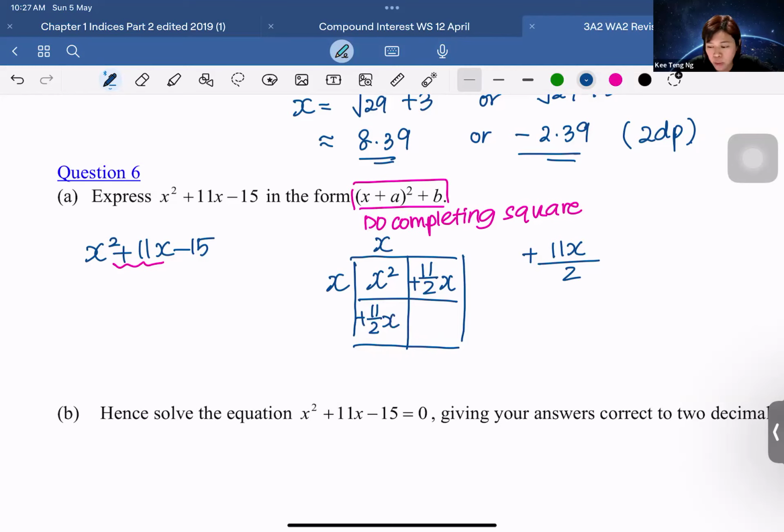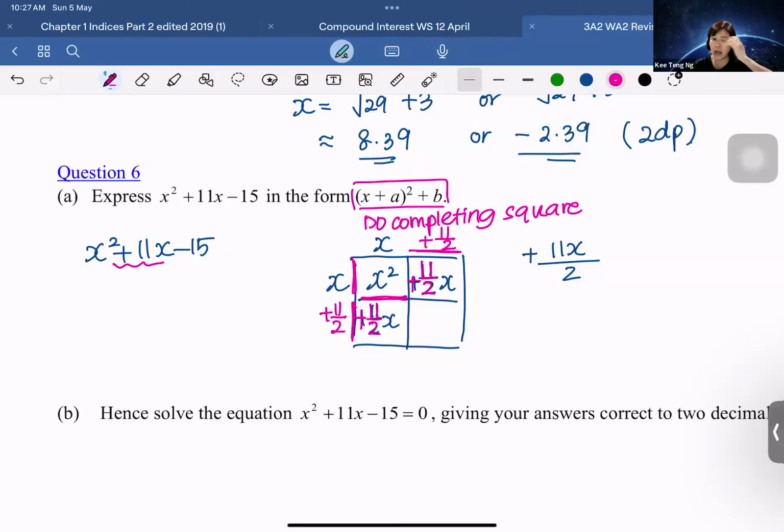Next, we need to consider what number times x can give me positive 11 over 2 x. That will be positive 11 over 2, correct?